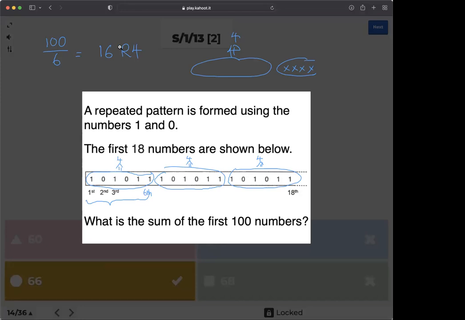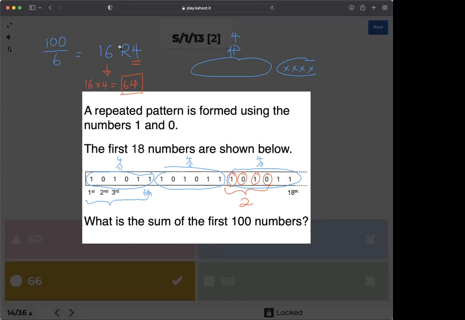There are 16 groups. So what is the total value for these 16 groups? 16 groups times 4 will give you 64. And then you know there's a remaining 4. So what are the remaining 4? 1, 2, 3, 4. The remaining 4 has a value of 2.